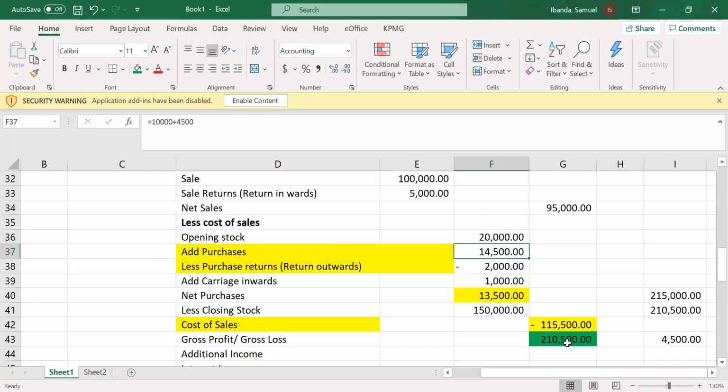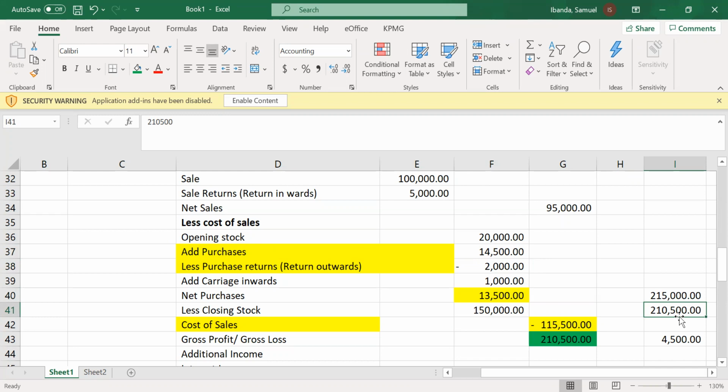But this is what is happening. When you don't record purchase returns, what is happening to your profits? Your profits are 215. When you record the purchase returns, your profits reduce. From 215, we now have 210. What does this mean?